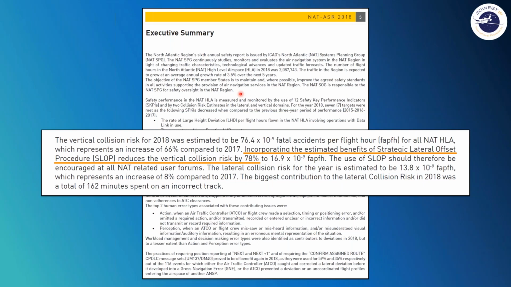When SLOP was introduced, there was maybe some hesitancy, so they put the carrot out there: the statisticians and the ATC folks said we cannot reduce the separation, which we normally could do with increased surveillance, until we meet a target level of adhering to SLOP. We've met that, and so you've seen the reduction in separation.